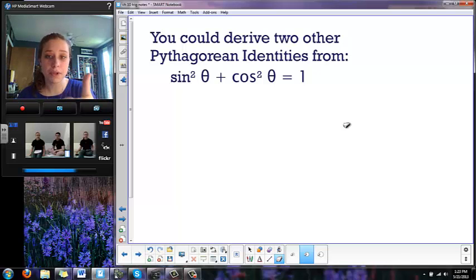We have the first Pythagorean identity, which is cosine squared theta plus sine squared theta is equal to 1. And then we rewrote that equation two different ways. So sine squared theta is equal to 1 minus cosine squared theta, and cosine squared theta is equal to 1 minus sine squared theta. So we have already 8 different equations that you know.